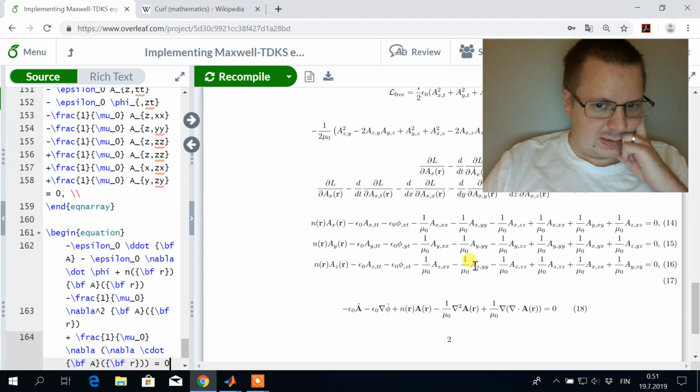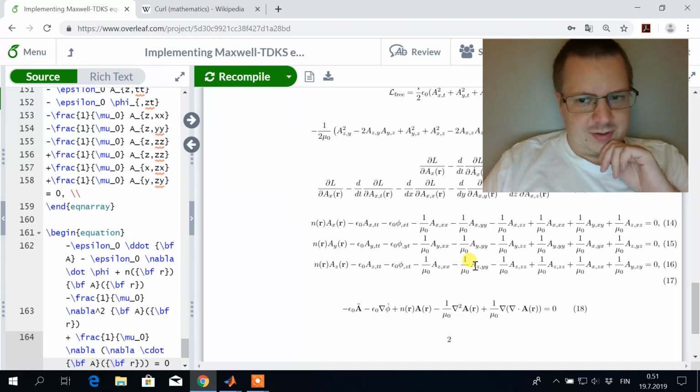Yeah, I think this is starting to look like Maxwell equations.